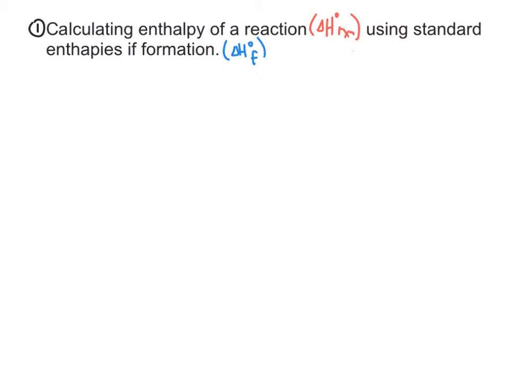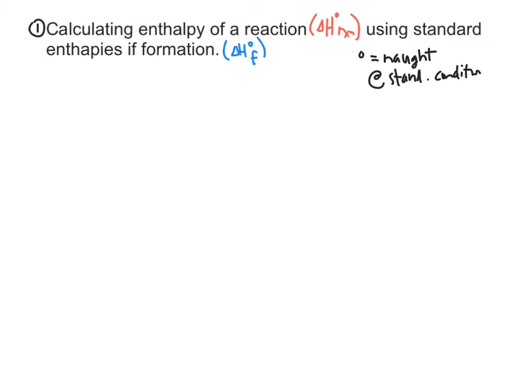Before I get too far, I want to point a few things out before I get into how to do this. The first thing I want to point out is this little naught right here. That little 0 means naught, N-A-U-G-H-T. And what that really means, when I see that, is at standard conditions.